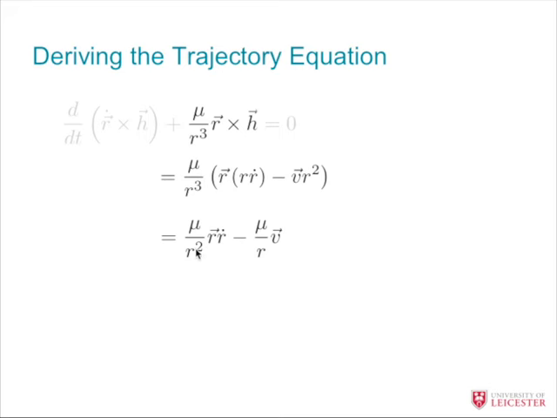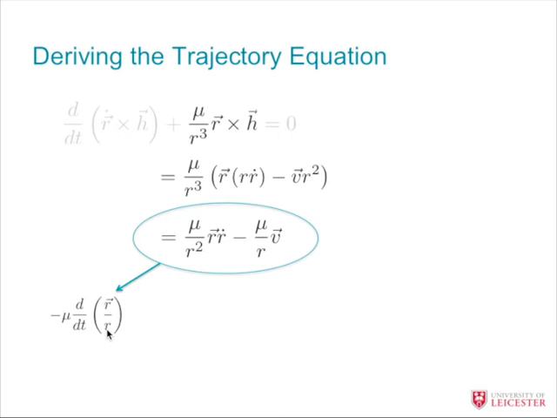So I just expand that out, and that is indeed what I get. And we find that that can be rewritten as minus mu d by dt of vector r over r. And what you should do is just write this out and satisfy yourself that that is the case.